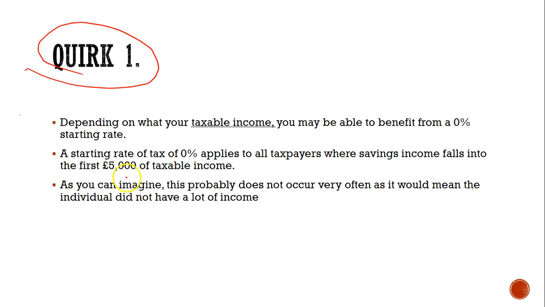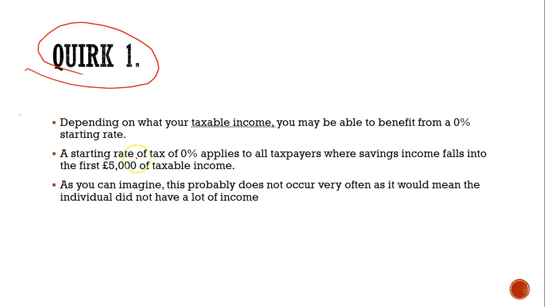Now this is fundamentally the point: if we didn't have this starting rate, what would happen is people are saving money, and the argument is, why would they want to save money and pay tax on it as well? So they would, of course, have to look for more tax efficient means, like ISAs and things like that. And this kind of led to some element of tax avoidance. And so the government just thought, you know what, scrap that.